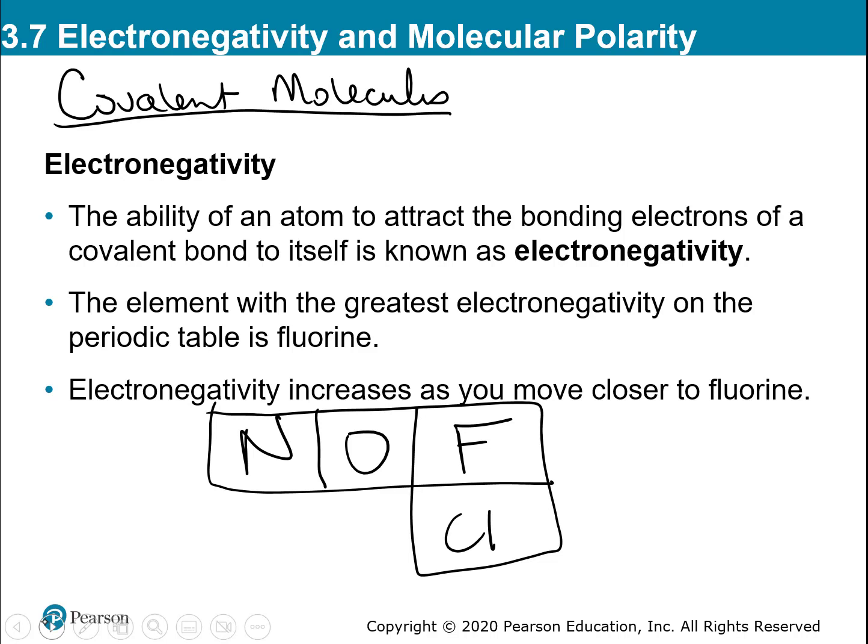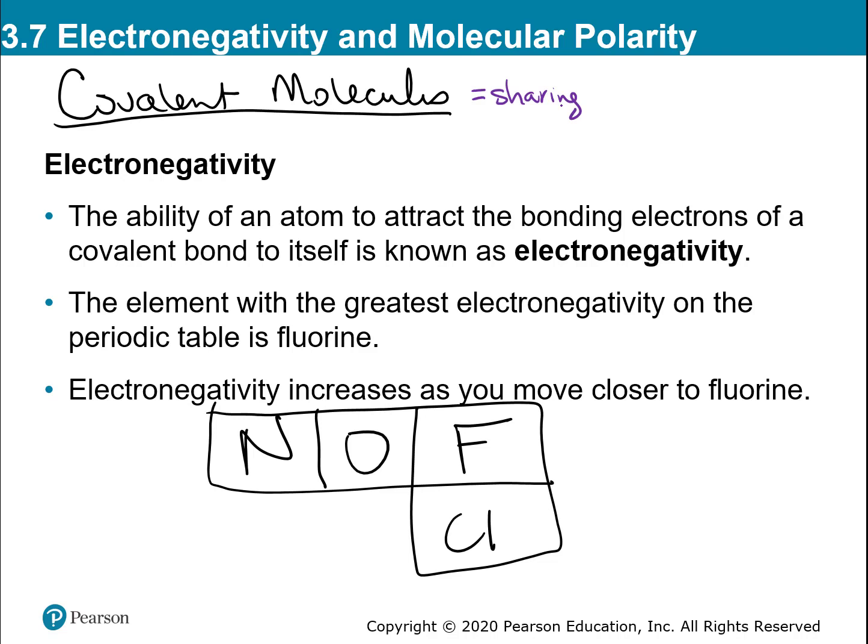So what's the application to this? The big reason to talk about shape is so that you have this in your mind when we talk about polarity. Covalent molecules, remember, this is sharing. We're sharing electrons.